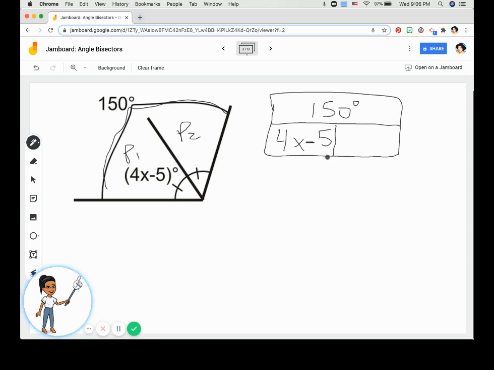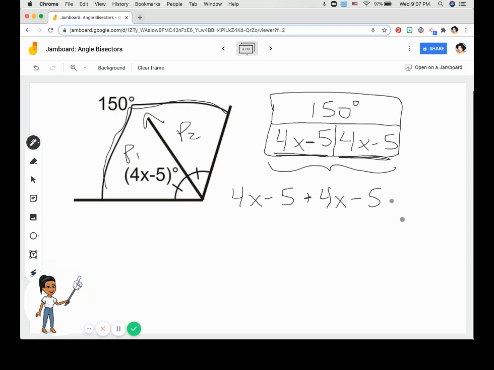But I know that part 2 should also be 4x minus 5 because angle bisectors cut the angle into two parts that are the same. So now I'm just putting this together. I have 4x minus 5 plus 4x minus 5 is equal to 150 degrees.